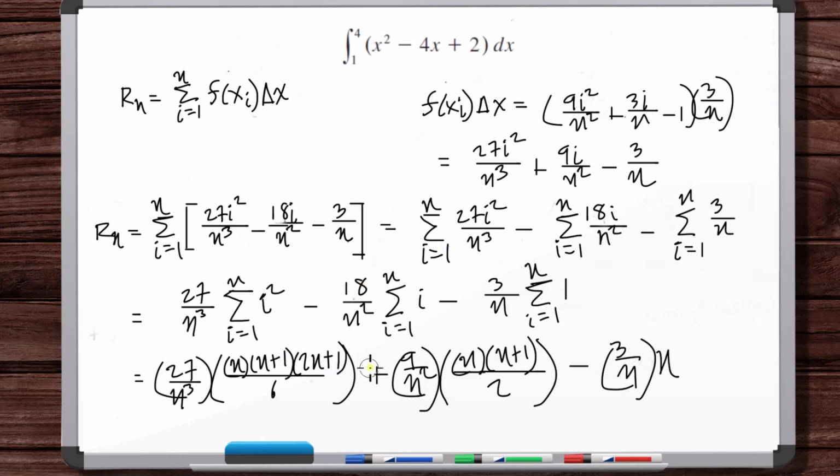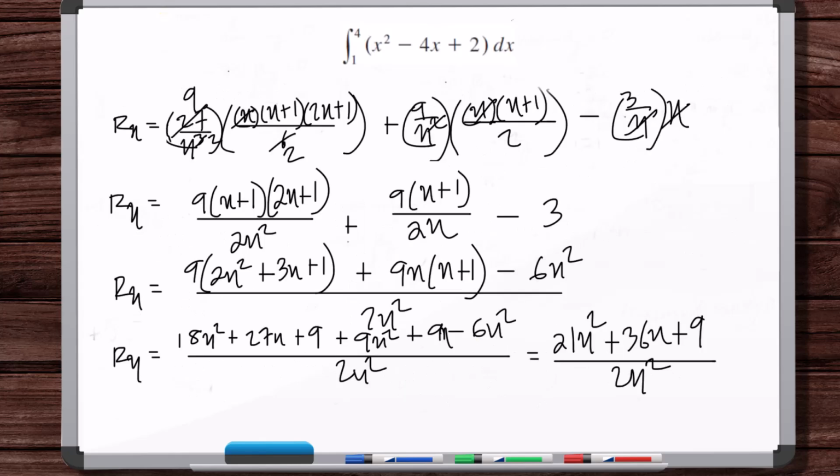So this is minus 18. And so then that would be minus 18n.